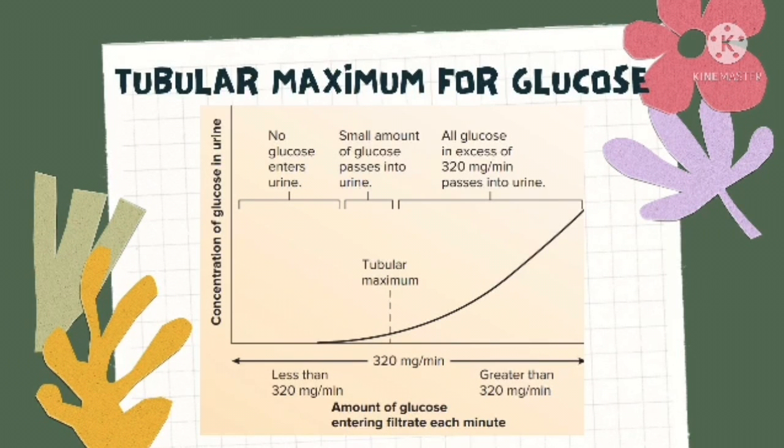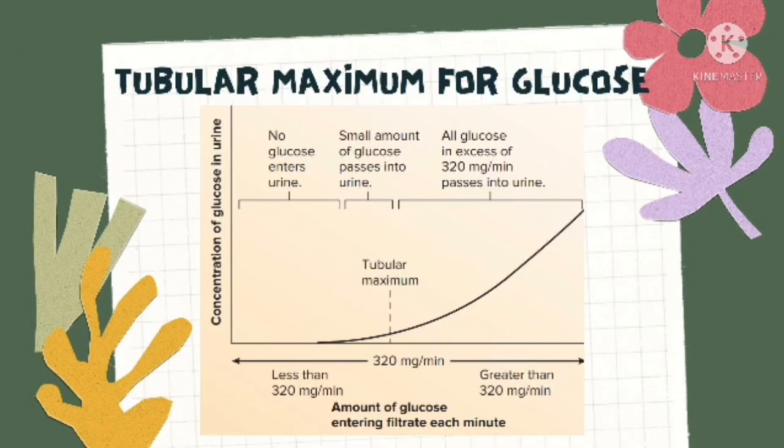I have here a figure, so kindly look at it. On the upper left corner, you can see the concentration of glucose in urine, and on the lower portion, you can see the amount of glucose entering the filtrate each minute. When the amount of glucose is less than 320 milligrams per minute, no glucose enters the urine, and when the amount of glucose is 320 milligrams per minute, a small amount of glucose passes into the urine.